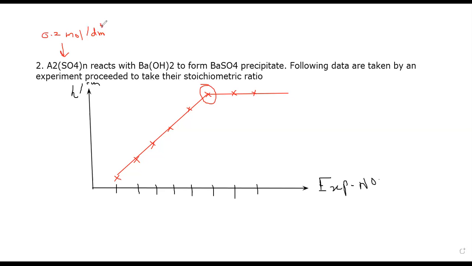And I'll give some extra data also. Concentration of A2SO4N and concentration of barium hydroxide.